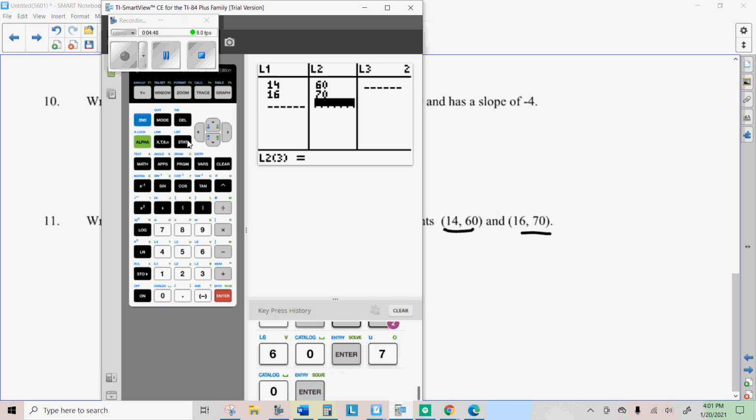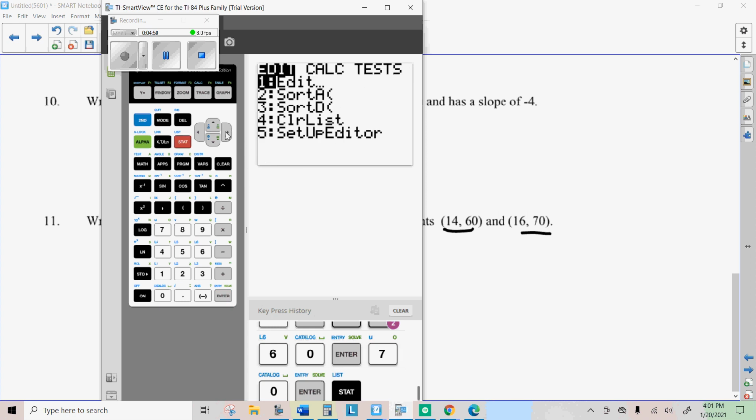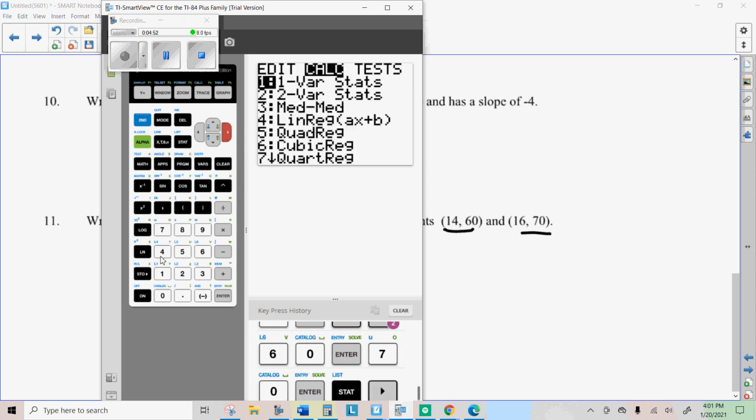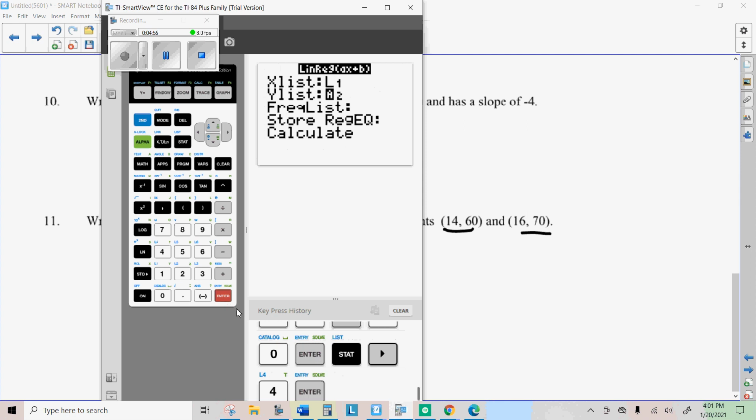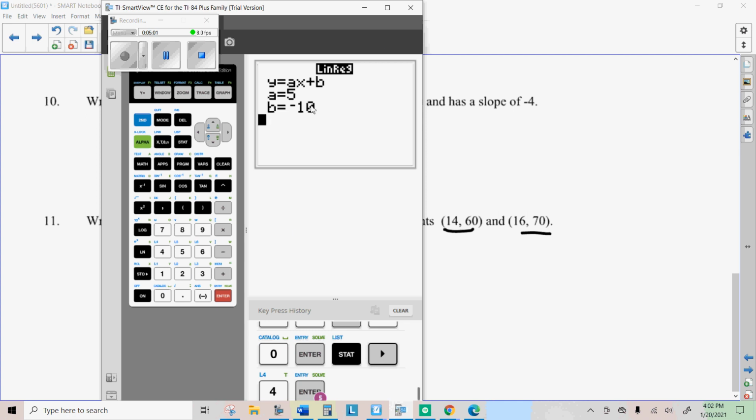And then run your linear regression like I did on the last problem, and the equation is 5x minus 10.